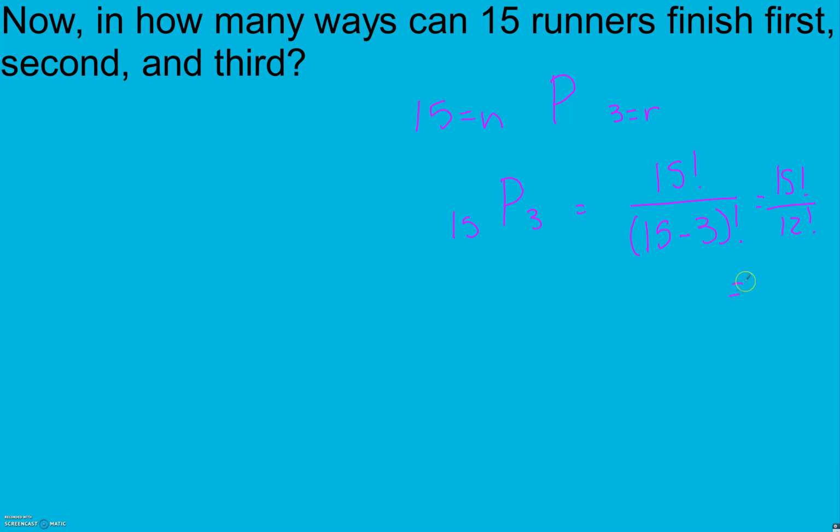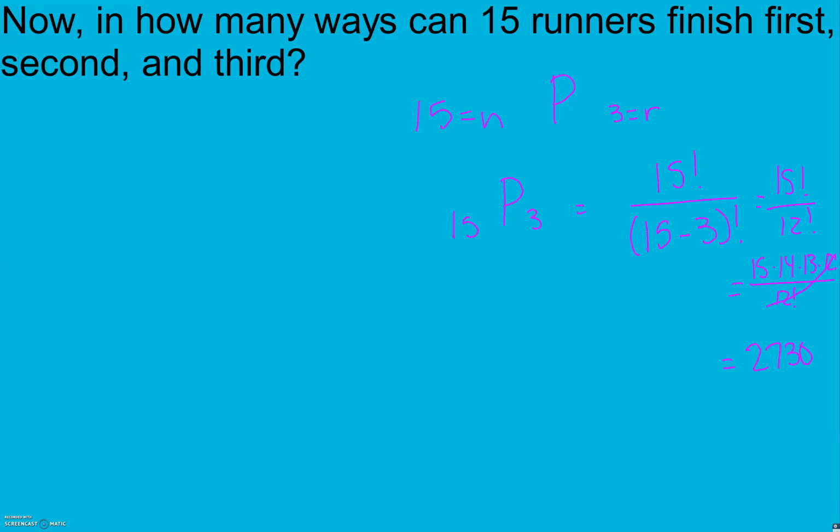We can simplify that for those of you that don't have calculators. 15 times 14 times 13 times 12 factorial divided by 12 factorial, which means 15 times 14 times 13 is 2,730. That should be the same thing we get if we type in 15 factorial divided by 12 factorial, which I got 2,730.